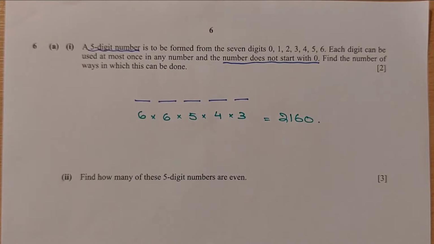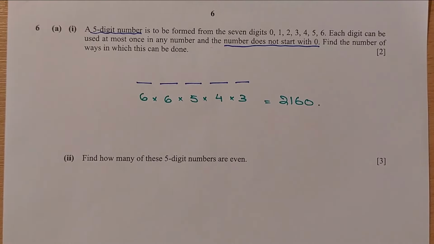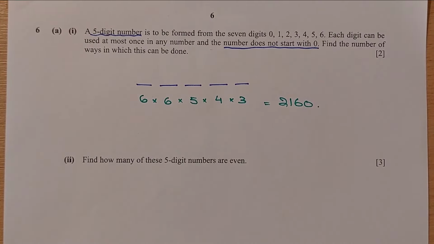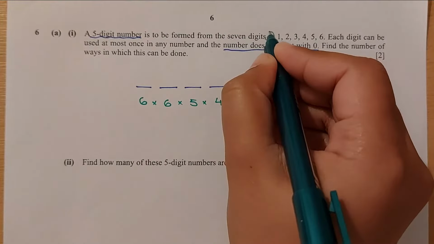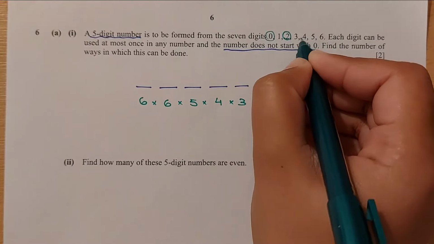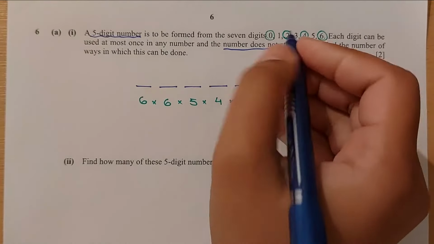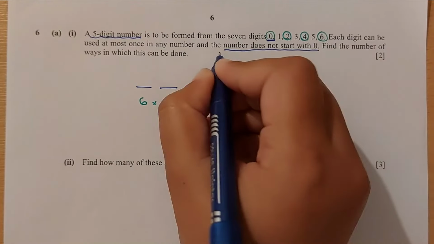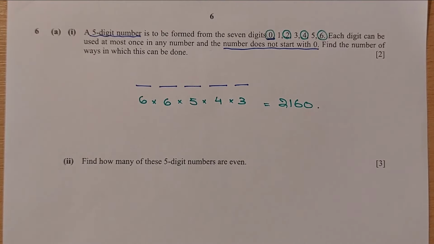Now for the second part, find how many of these 5-digit numbers are even. Okay, so for even, we need to select the even digits. 0 is an even number, 2 is even, 4 and 6 are even. But keep in mind, we have the restriction that the number does not start with 0. So here we have to do 2 cases.